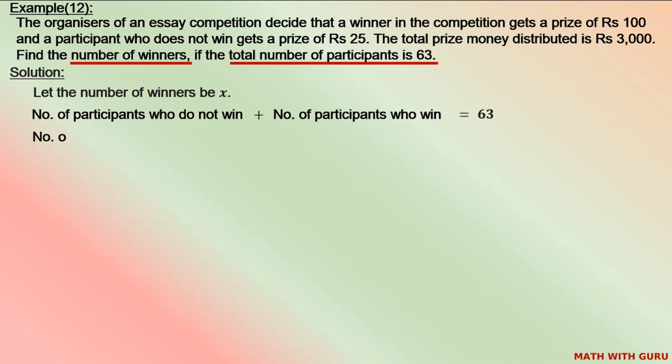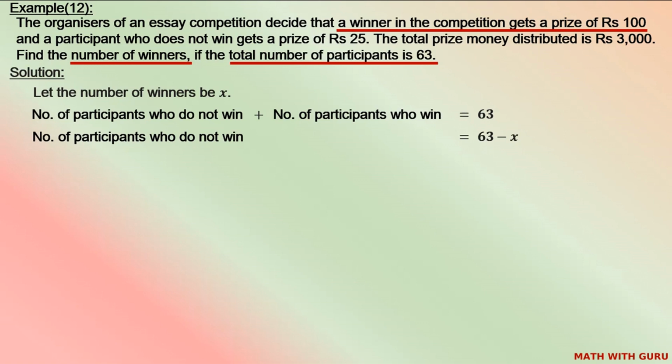We have already taken number of participants who win as x. This is equal to 63. Transpose x to the right hand side. Therefore, number of participants who do not win is equal to 63 minus x.